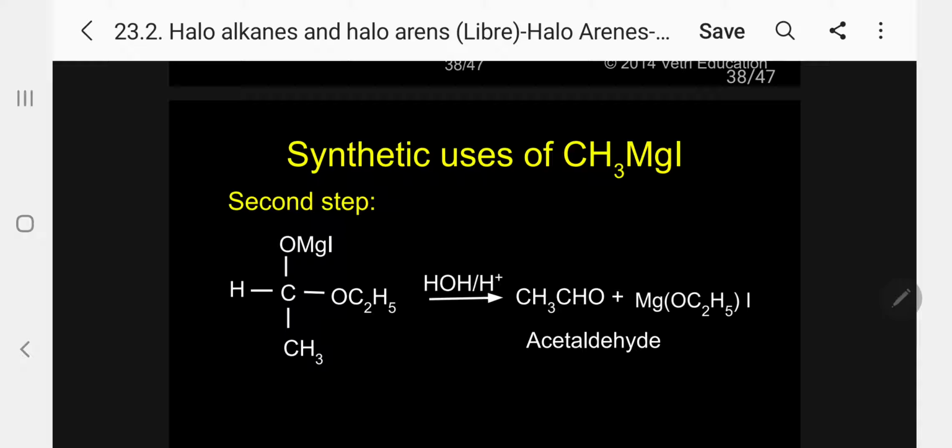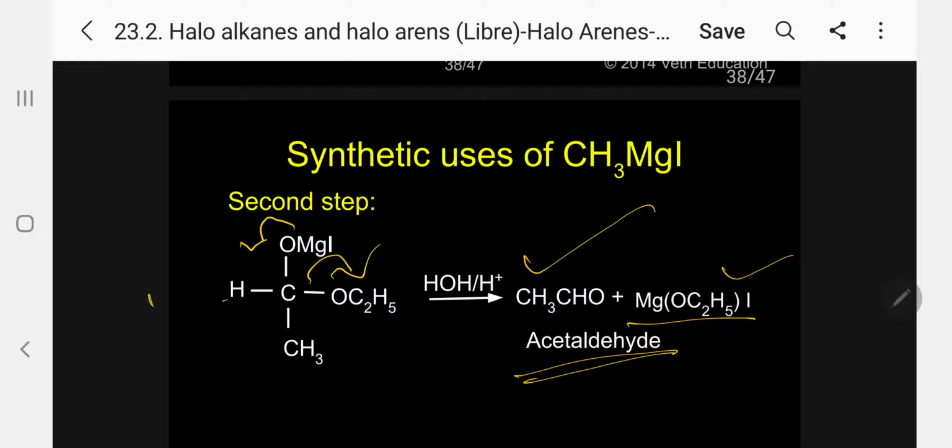Let me show you how it is formed. This is going out here in the presence of water and hydrolysis. So, what will happen because of this? CH3CHO, that is acetaldehyde, and magnesium ethoxy iodide we are getting. Kindly follow. In this case, there is a slight modification from the other compounds.